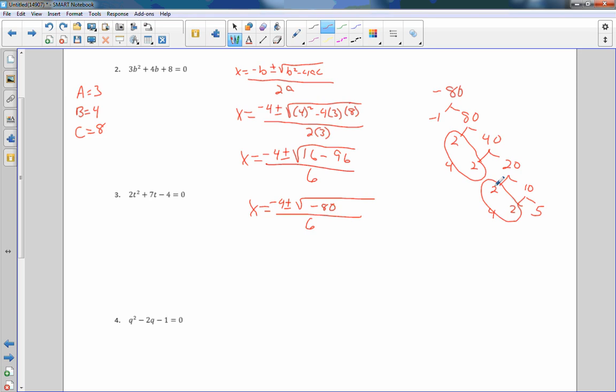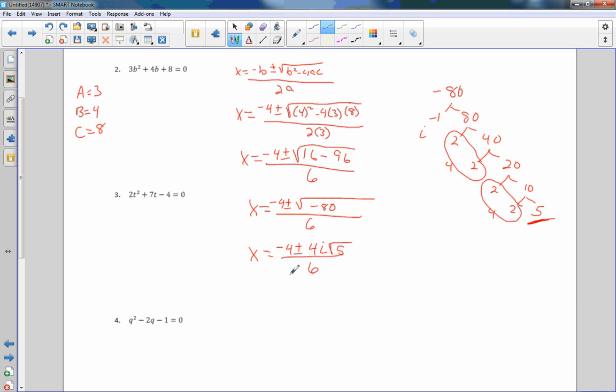So I have a 4 and a 4, which is 16, and the square root of 16 is 4, so that's what's going to come out, and this is my i. So I'm going to get, if I have 2 of something, it becomes 1 on the outside. So x equals negative 4 plus or minus, okay, 4i, and my remainder, my lonely leftover, stays in, divided by 6.